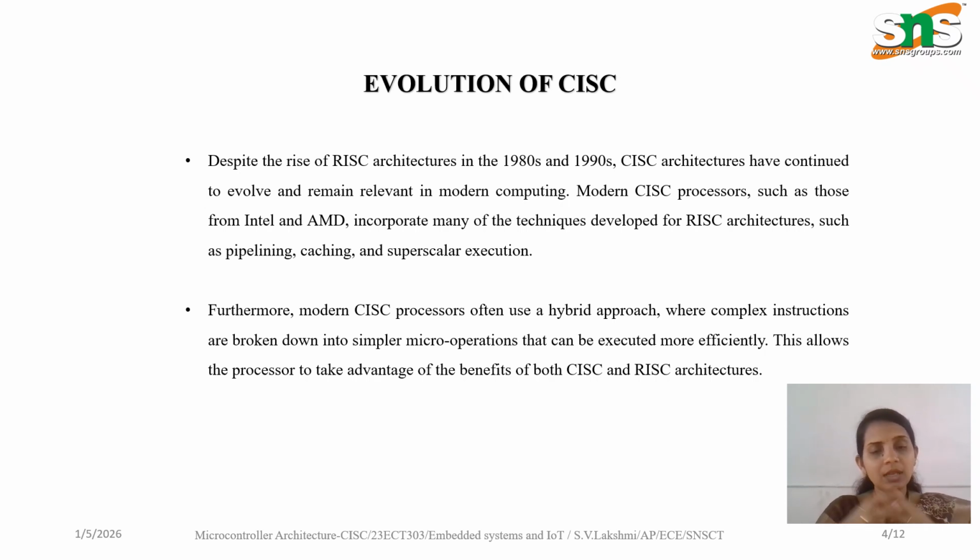So nowadays, the CISC architecture has the properties of RISC architecture as well. They often use a hybrid mode, where the complex instructions are broken down into simpler micro operations and can be executed more efficiently. So this is the advantage and benefit of both CISC and RISC architecture.